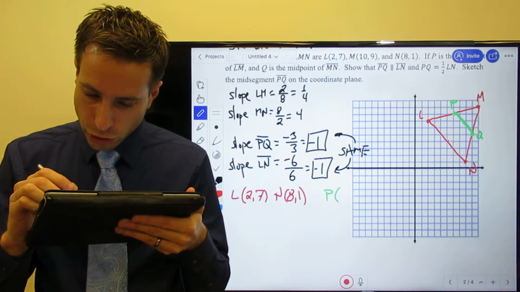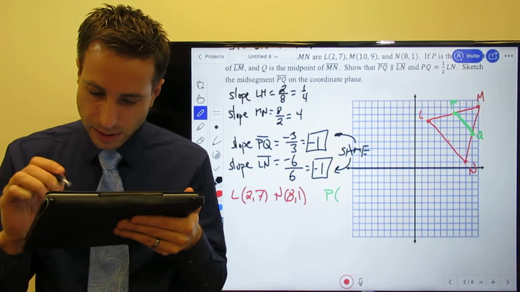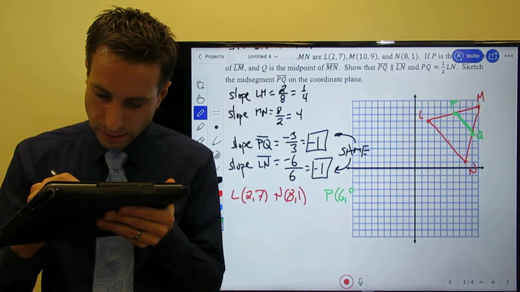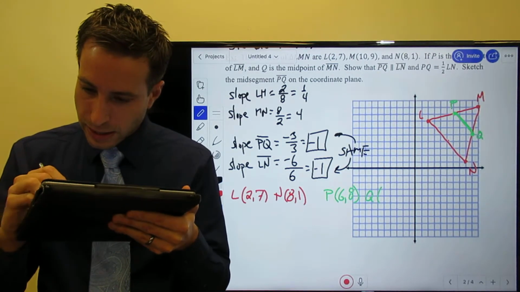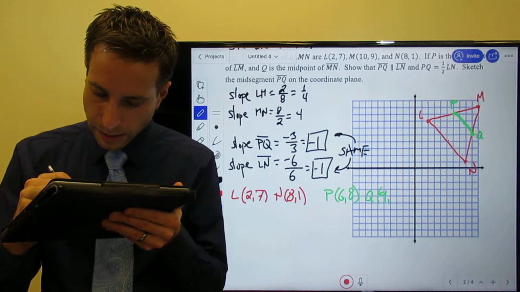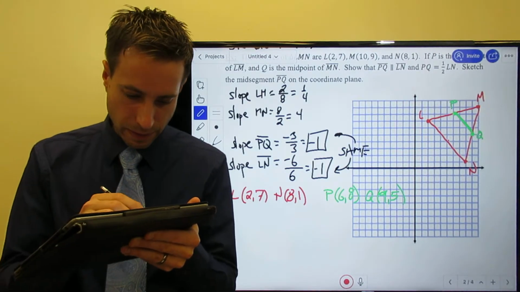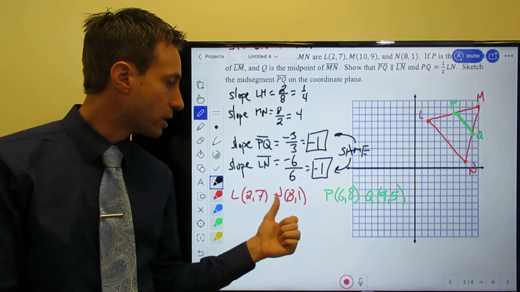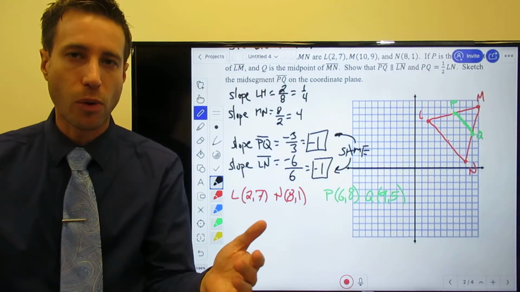P is at, what is that? 6, 8. And Q is at 9, 5. All right, so those are going to be my ordered pairs. Again, x1, y1, x2, y2.